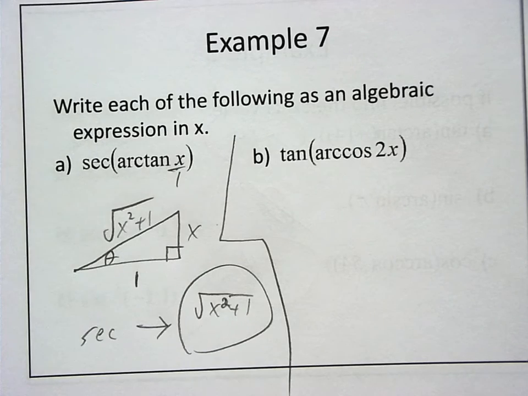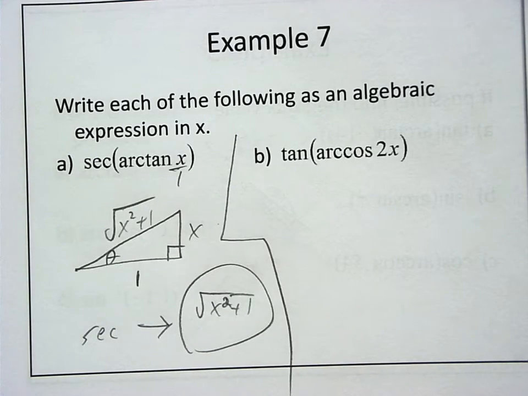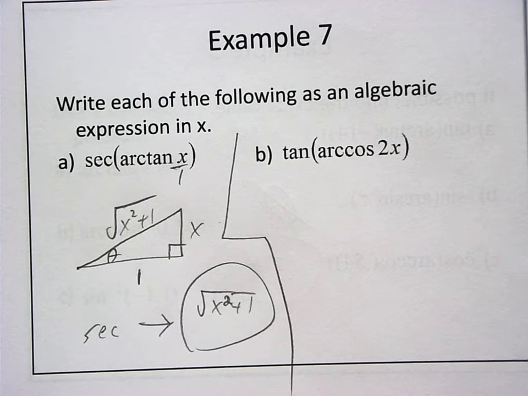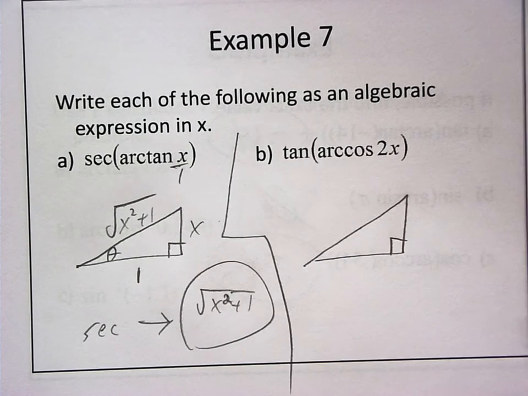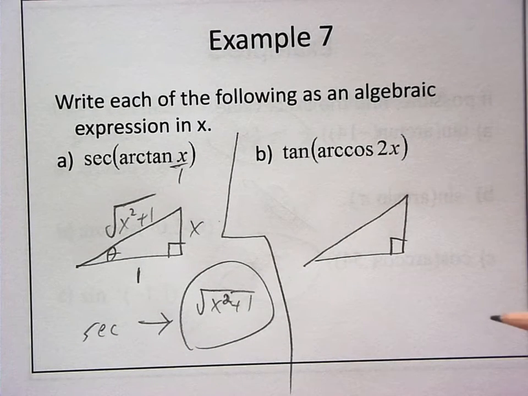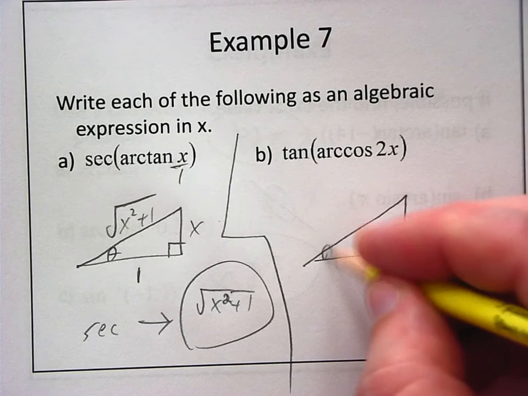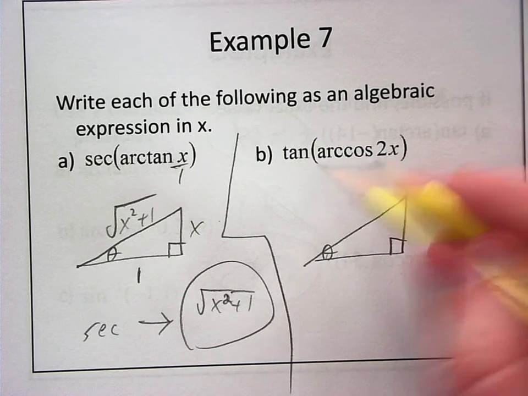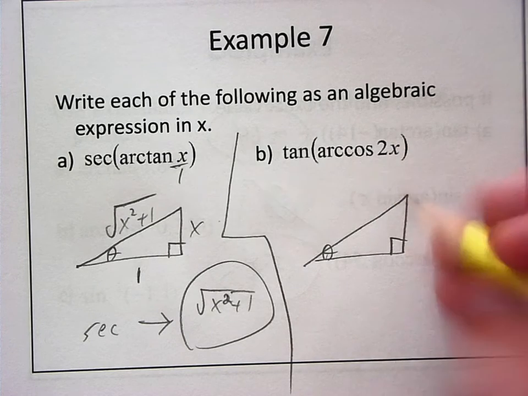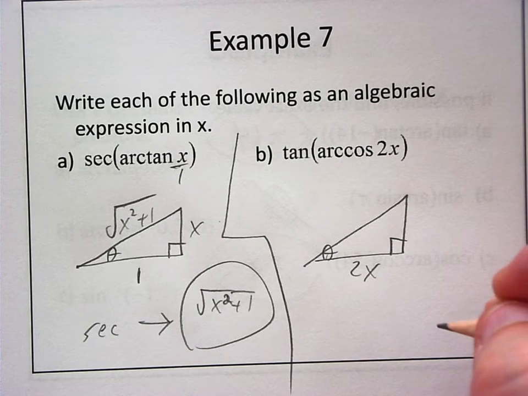So for this one, where would I start if I want to do the tangent of the arc cosine of 2x? Make a right triangle. Yeah. The 2x here, cosine is adjacent over hypotenuse, so 2x is your horizontal.